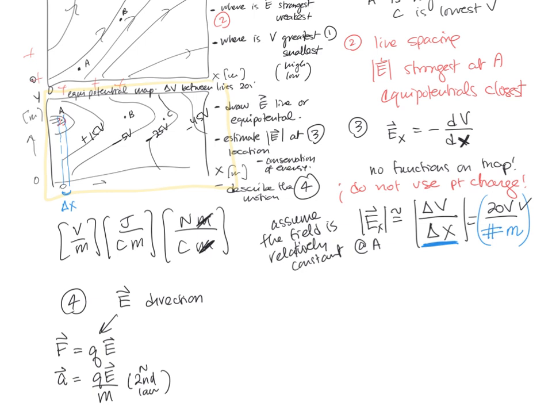And the field points towards low potential. Okay, so if we start at A, that is a region of high potential. As we go towards B, C, that's lower potential. So the field around here is going to be towards the lower potential. That's because the field points in the direction that is downhill.